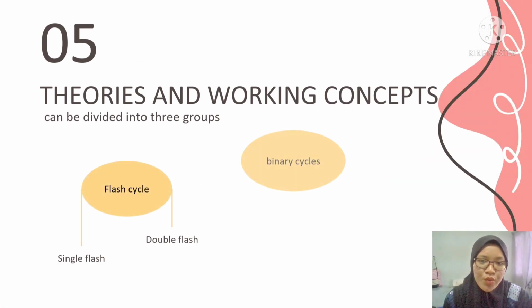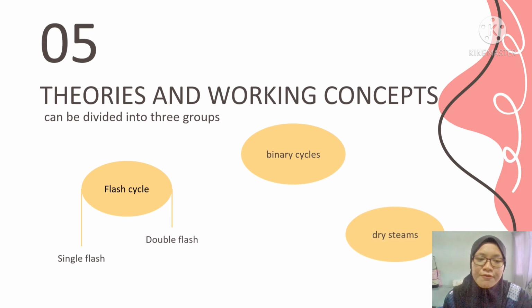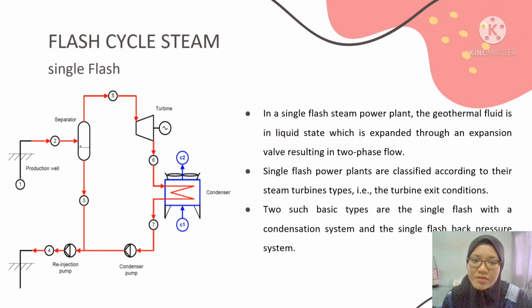The theories and working concepts of geothermal energy can be divided into three groups: flash cycle, binary cycle, and dry steam. Flash cycle can be divided into two: single flash and double flash. In a single flash steam power plant, the geothermal fluid is in liquid state, which is expanded through the expansion valve, resulting in two-phase flow.